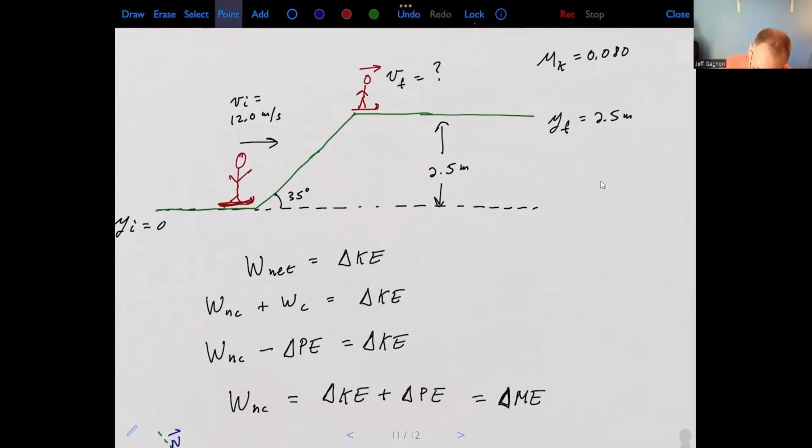When you don't have any non-conservative forces, then this is really nice, because the work done by non-conservative forces would just be 0. But in this case we did have it, so it has to be included in the equation. Definitely a more challenging problem than when we have just pure conservation of mechanical energy. Okay, so that's all I really wanted to talk about in terms of work and energy.